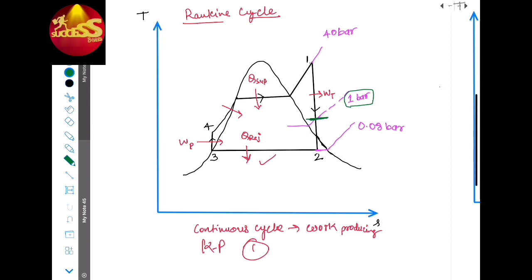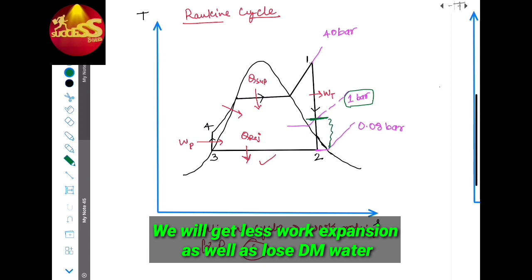So technically, if we expand the steam till here only, then we are going to lose this much of expansion and we will have less work through the turbine. Okay, one part is this. The second part is we will lose the demineralized water, which is not simple water.